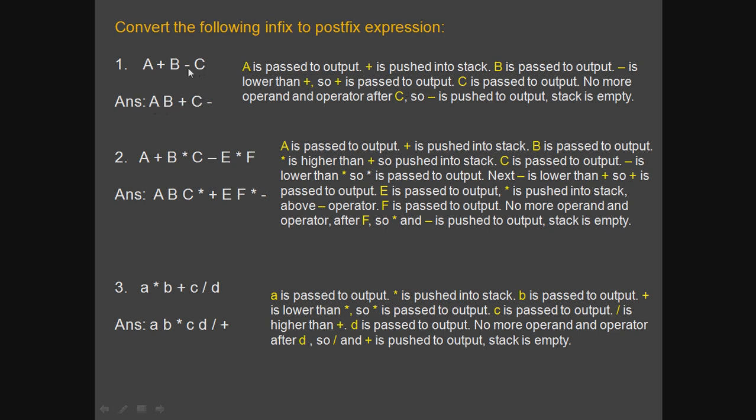Then minus is pushed into the stack, so inside the stack the minus operator is there. Next after that we have c. c is passed to the output since it is an operand. So we have ab plus c. Now after c, there are no more operands or operators to be read.